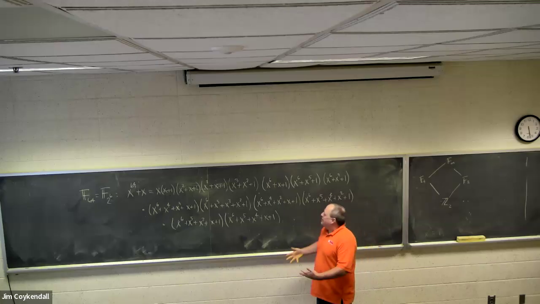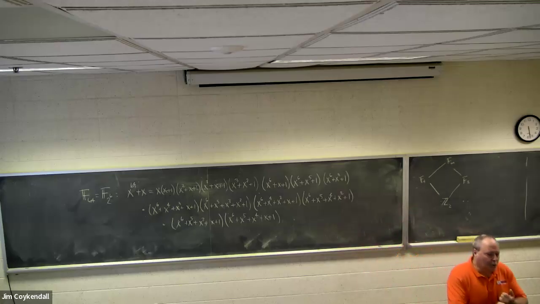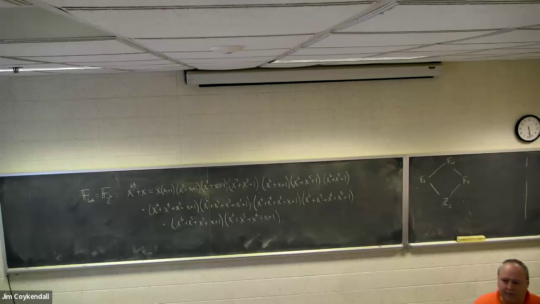A 6-degree polynomial, if it doesn't have a root and it breaks down, can't break down into a degree 1 and a degree 5. So if it's degree 6, it has to break down into irreducible 4 and a 2, or some 3s.